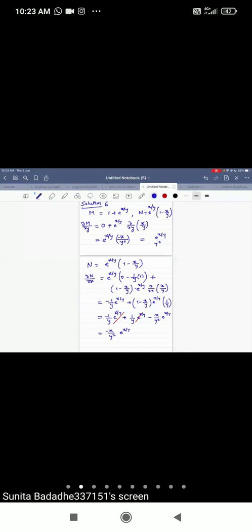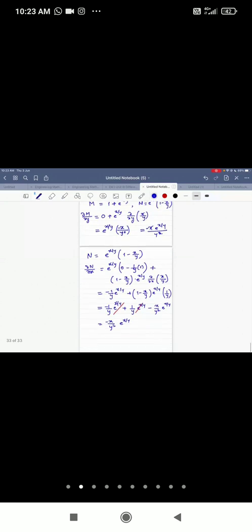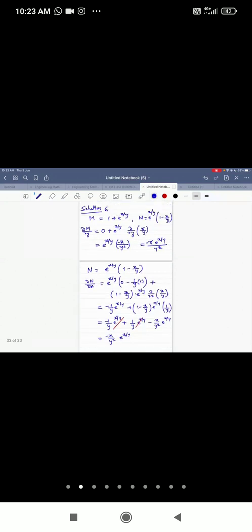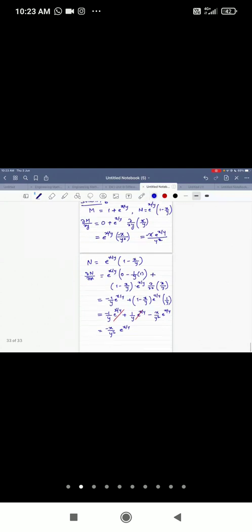I forgot to write the x term. Okay, so now, x is a constant, so it will remain as it is, and the derivative with respect to y is minus 1 by y square, isn't it? So it will be minus x by y square. Okay, now check whether ∂M/∂y and ∂N/∂x both are same or not.